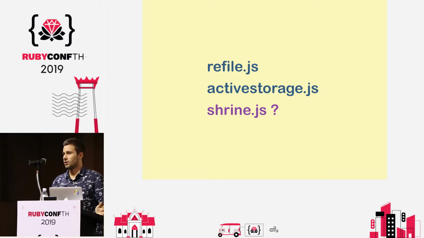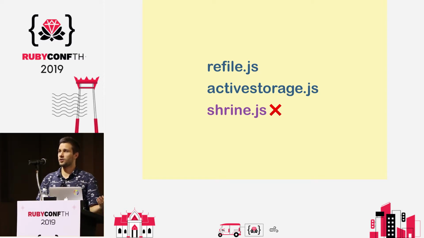When I was considering how I would implement direct uploads in Shrine, Refile and Active Storage both have their own JavaScript solutions for doing this. But in Shrine, I decided that I will not take this approach because for me, this functionality is too complex, and I don't think that I would be experienced enough to be able to write it and to maintain it well.